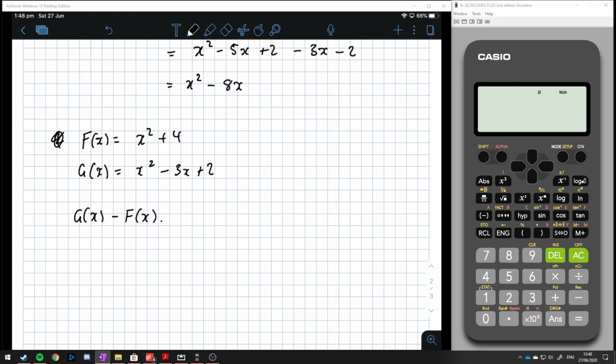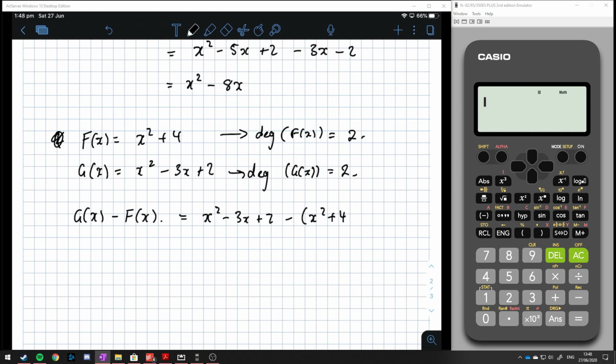We know that the degree of f of x is equal to 2, and we know that the degree of g of x is also equal to 2. So if I subtract the two, what we get is x squared minus 3x plus 2 minus x squared plus 4.